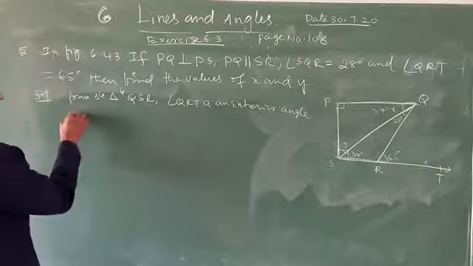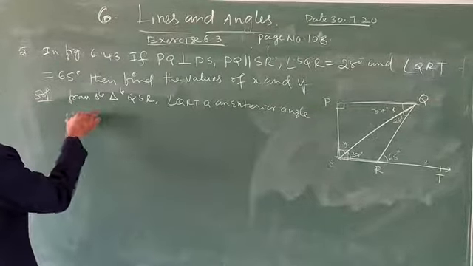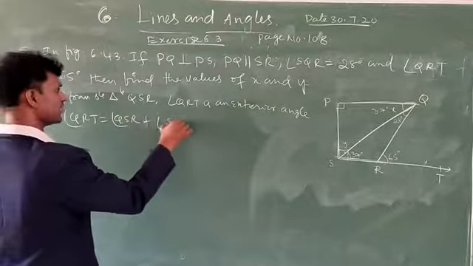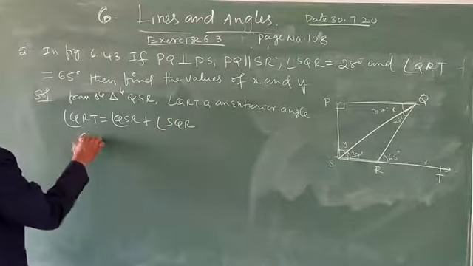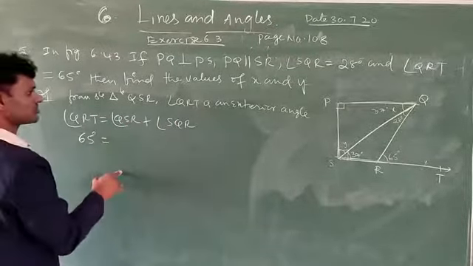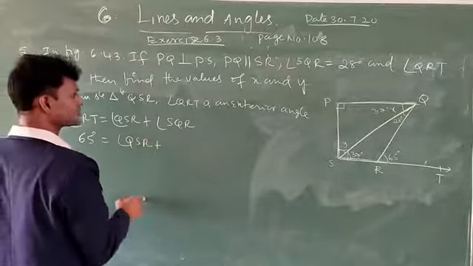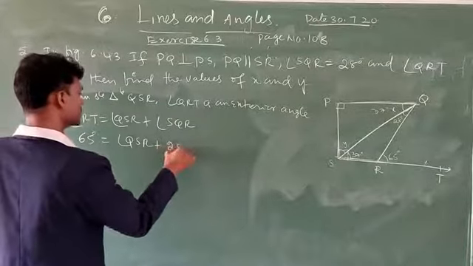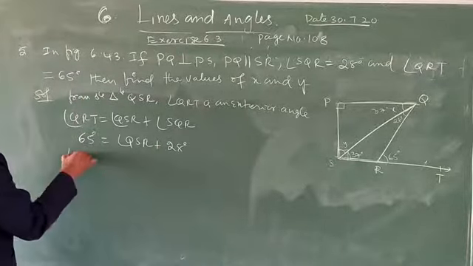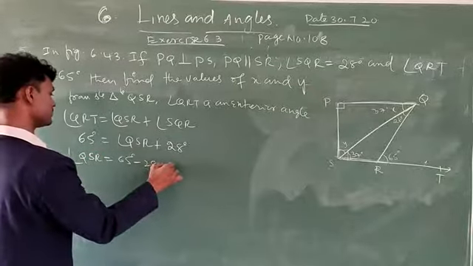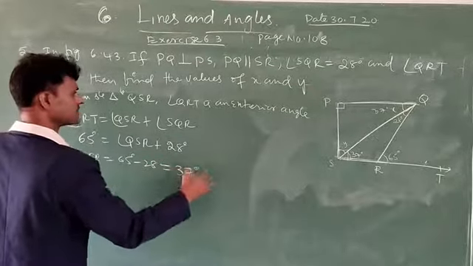That's why here you can write angle QRT is equal to angle QSR plus angle SQR. This is 65 degrees, and angle SQR is 28 degrees. Then angle QSR is equal to 65 minus 28, which is equal to 37 degrees.